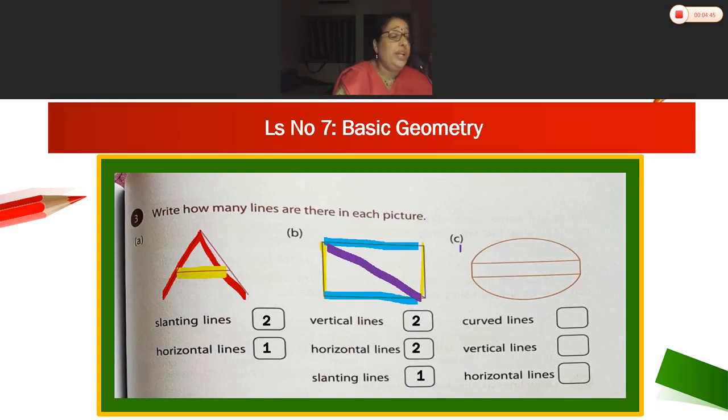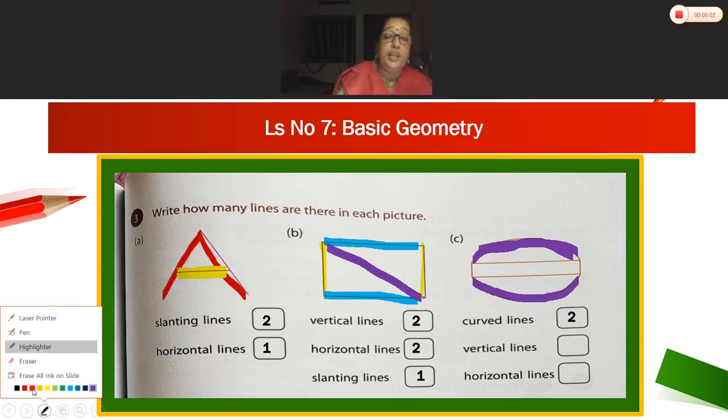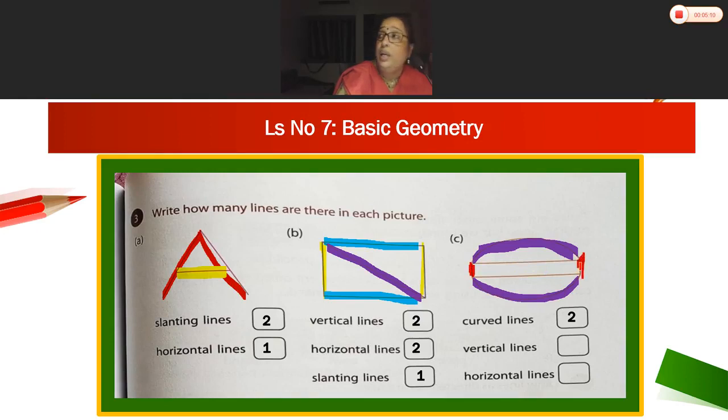Now come to the next one, C. How many curved lines are here children? Tell me. 1 and 2 with a purple color. Next, vertical lines. Now here with the red color, one vertical line and next one, two vertical lines.